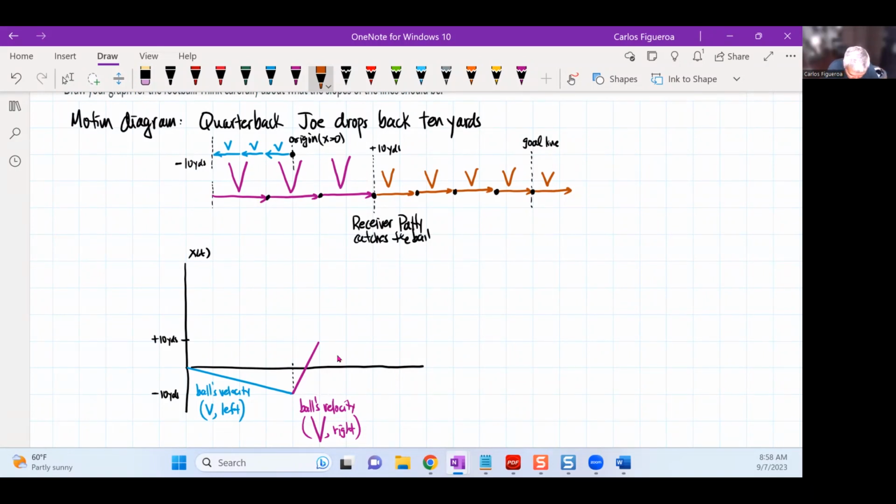And let's see here. So let me be careful. If that's 10, this guy right here, so this should be 30 yards right here. So this should be my positive 30 yards. So then if I look at my curve here, this should be steeper than Joe's slope.